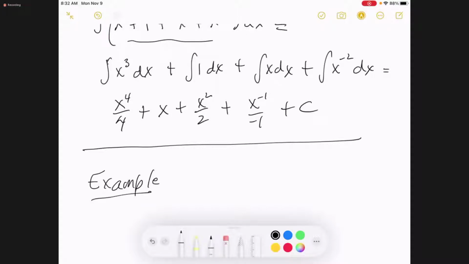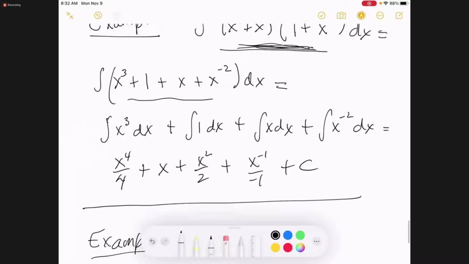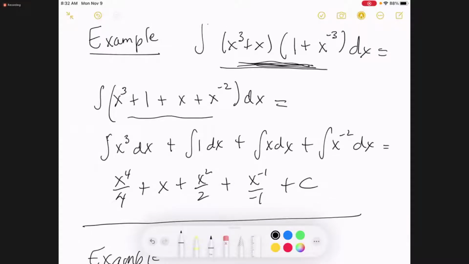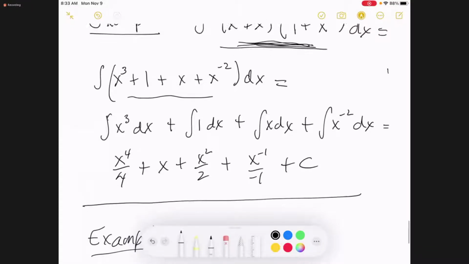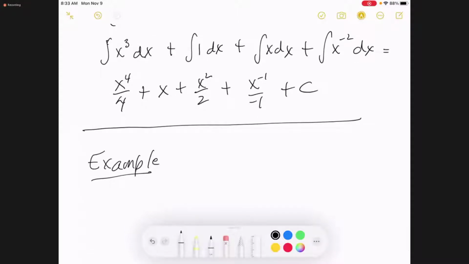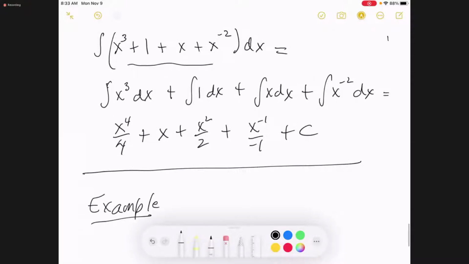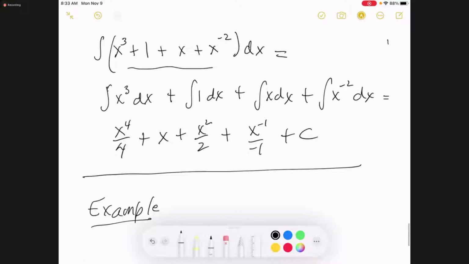Dr. Kennedy, in that next step of the last problem, did you use x to the n+1 over n+1? Yes, I did. Okay, just making sure. So we just used FOIL and then just added the integrals together. Yes, this goes back to the properties of integrals.